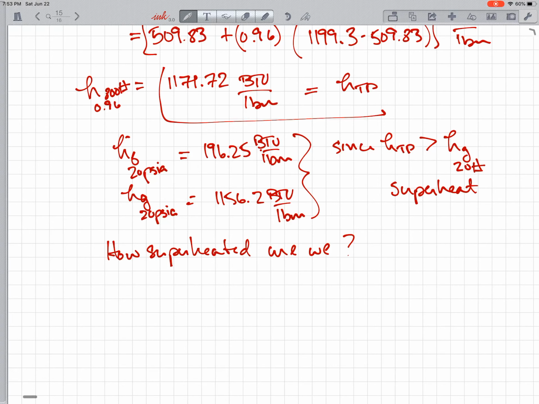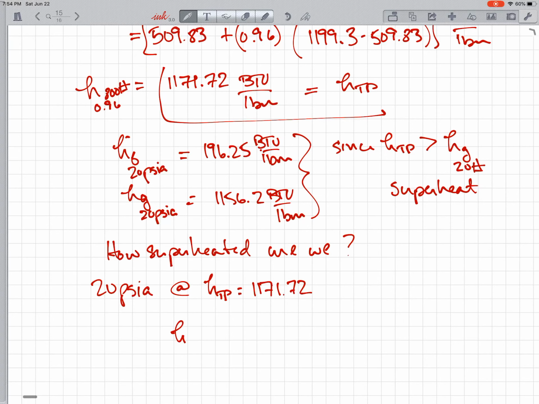Okay, so page 15, saturated steam tables. We're on 20 psia. If you go down, and we are at enthalpy tailpipe equals 1171.72. So we start looking at temperatures and finding the enthalpy this will fit in.